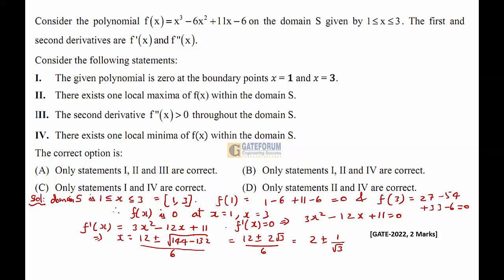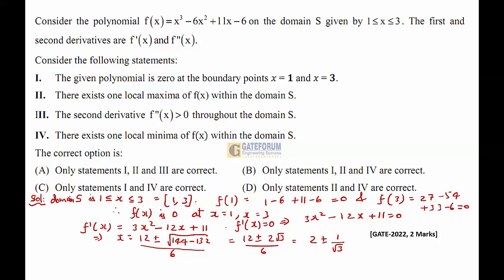Okay. So two stationary points. But see that the domain S is 1, 2, 3 only. Root 3 value is 1.732. So 1 by 1.732 is a fraction value lying between 0 and 1, a proper fraction.